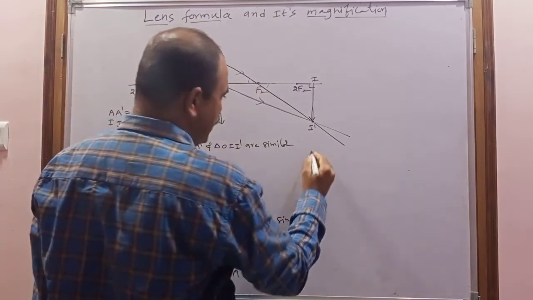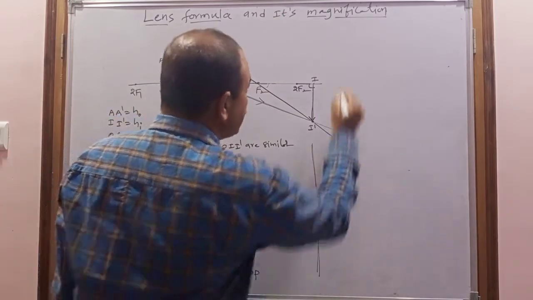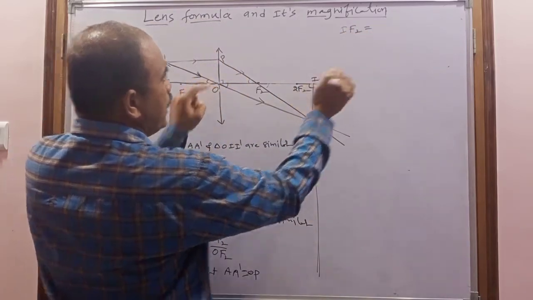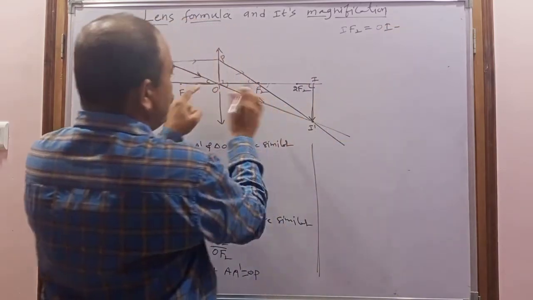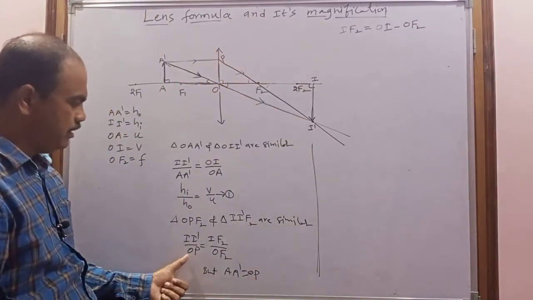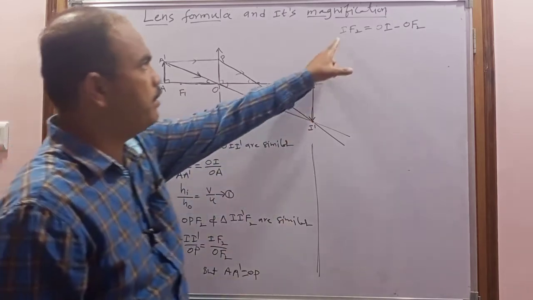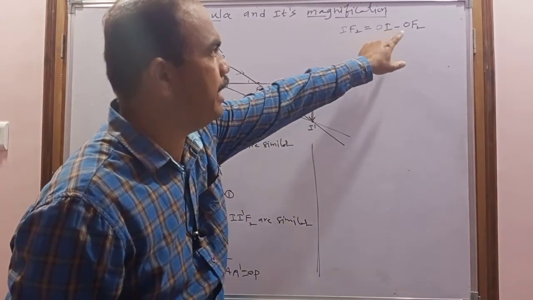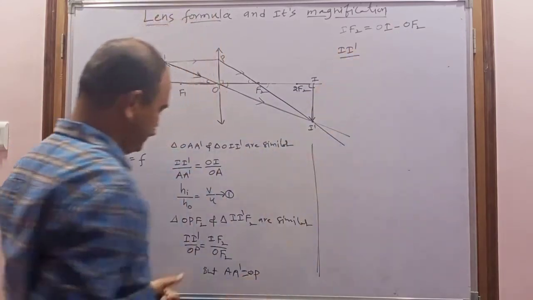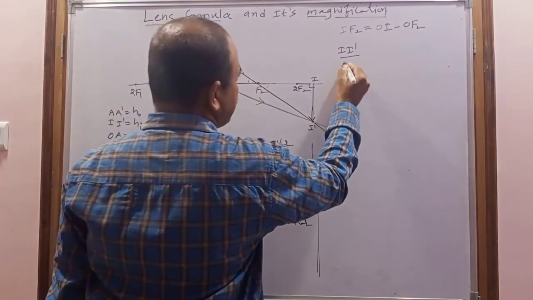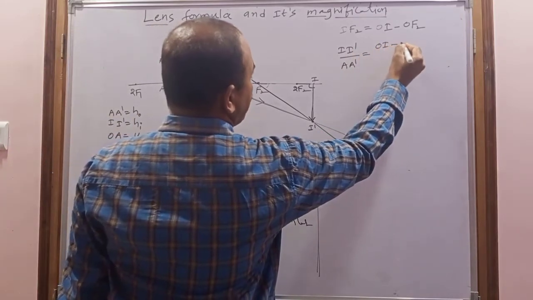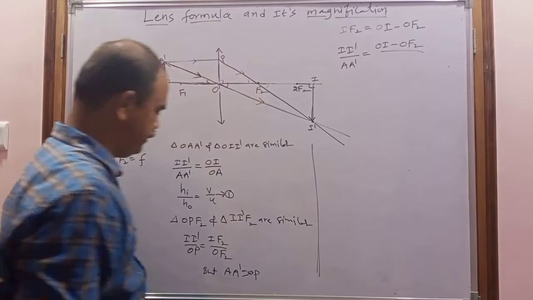So IF2 is equal to OI minus OF2. Now write here, in the place of OP you can write A', and in the place of IF2 you can write OI minus OF2. So I' by A' is equal to OI minus OF2 by OF2.